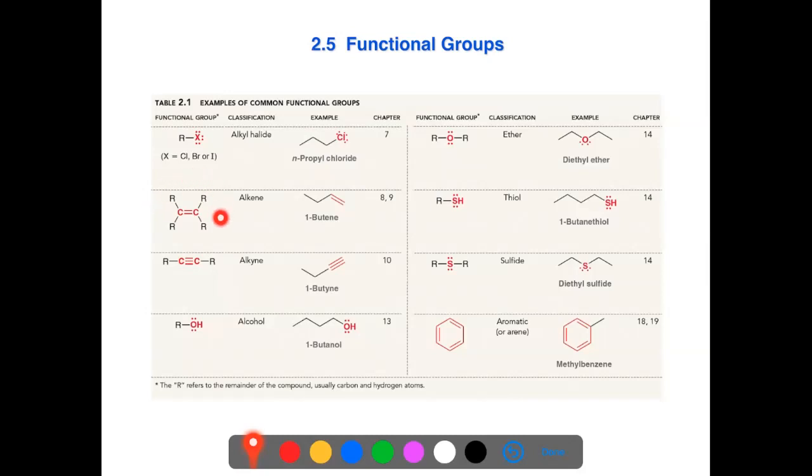As we saw in the previous example, if we have a structure that contains a pi system, as that in a double bond, we refer to that as an alkene. If there are two pi bonds present, then we refer to this as the alkyne. Alcohol, the alcohol functional group, is a structure which contains an OH group, which is known as the hydroxyl group.